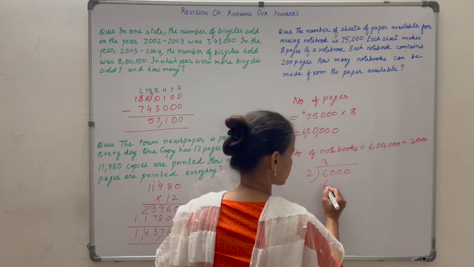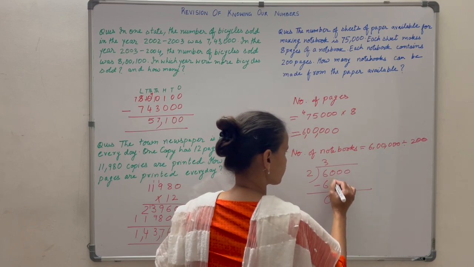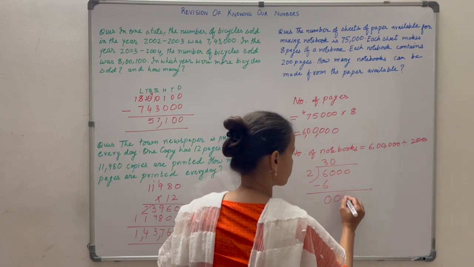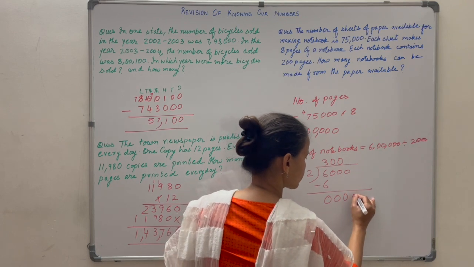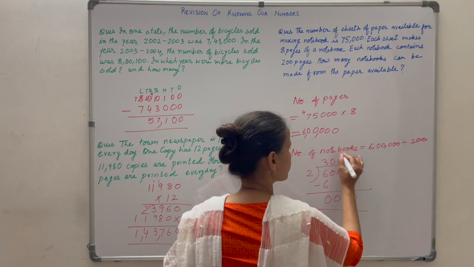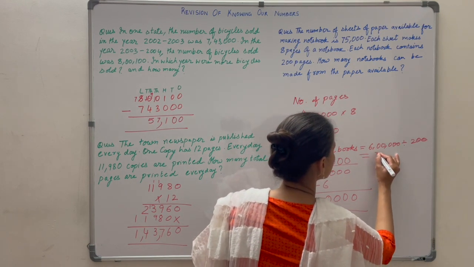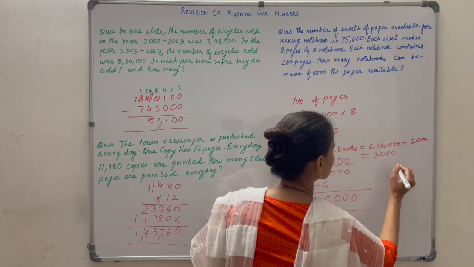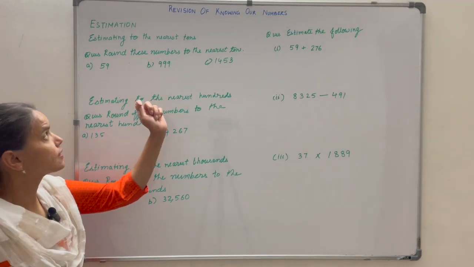So 2 threes are 6. 6 minus 6 is 0. You bring down 0, it will not go, so 0. You bring down one more 0, it will not go, 0. Again you bring down one more 0, it will not go, 0. So how many notebooks can be made from the paper available? 3,000 notebooks.